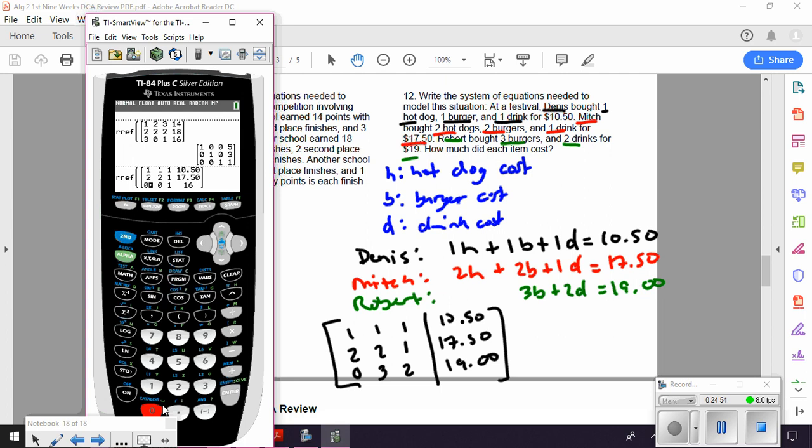We need a 0, 3, 2, and 19. Since they're all dollars and cents, I'm just keeping it consistent. Could I have only written just 19? Yes, but just trying to keep it consistent.